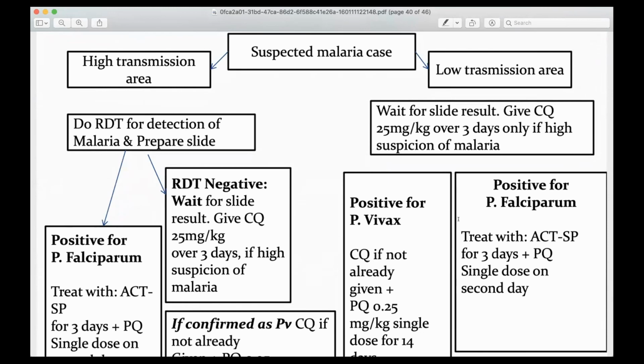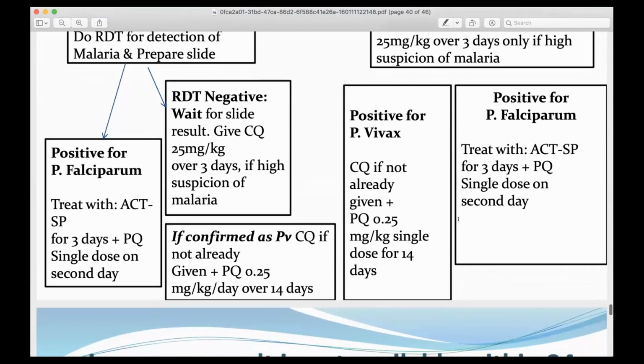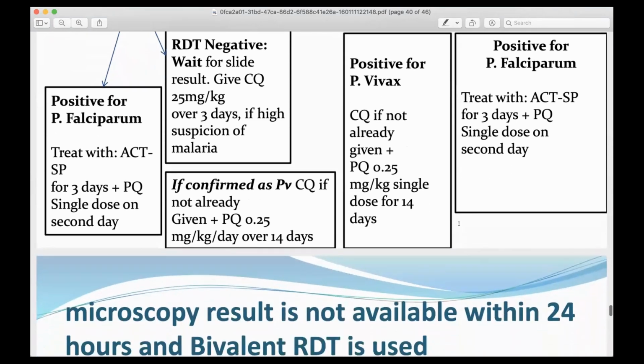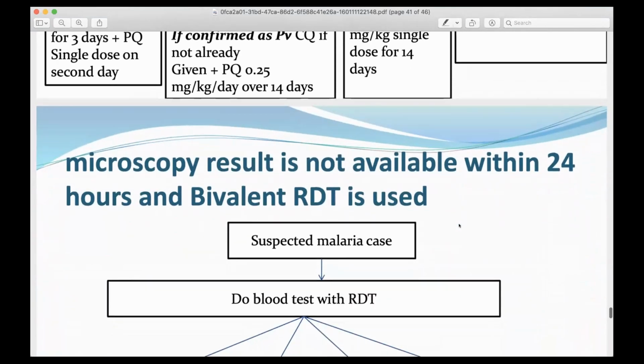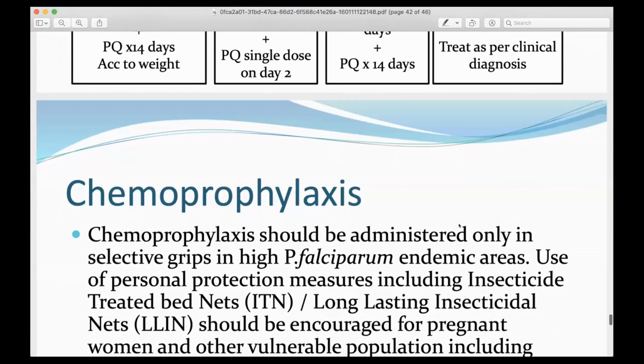If positive for vivax, same regimen. If positive for falciparum, treat with artesunate combination therapy for 3 days, then primaquine single dose on the second day. Okay, so again the same thing.